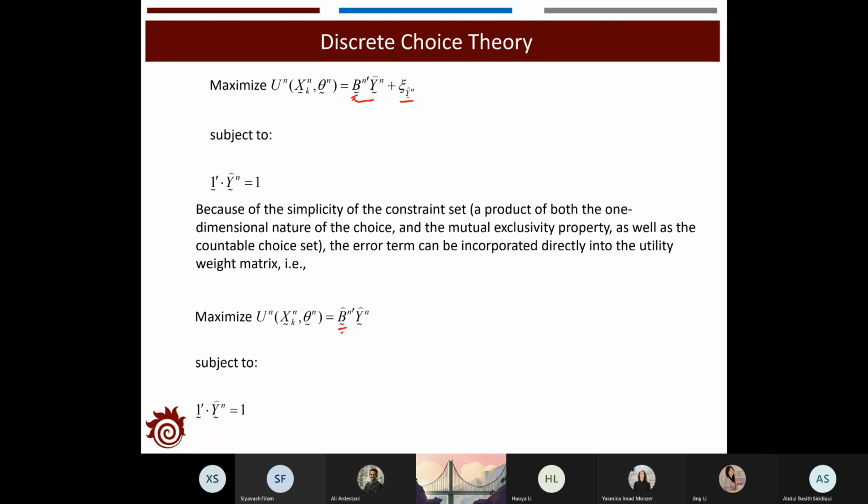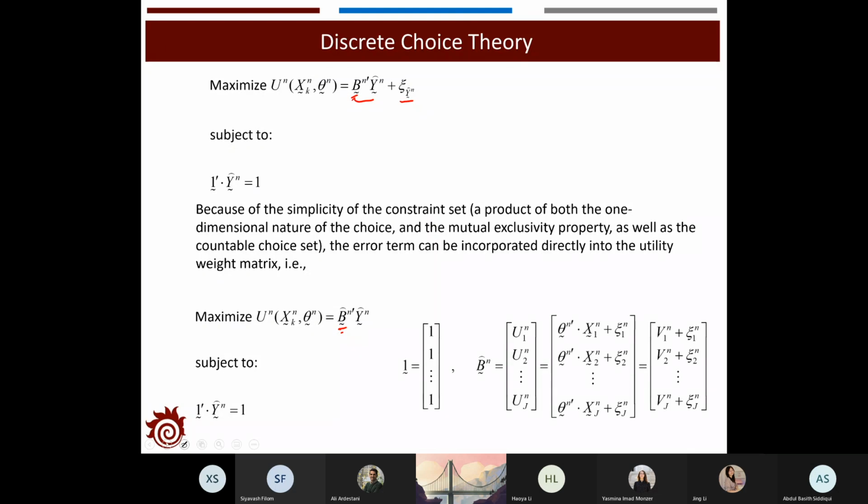The B hat will be the deterministic component plus the random term, and these two will actually be equivalent to each other. We will just merge the random term into the matrix operation so that we can get a simplified expression for the maximization problem.